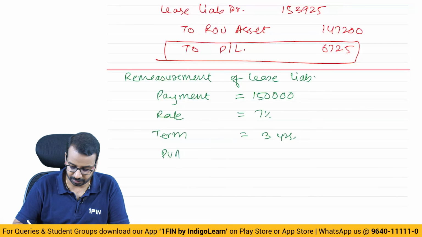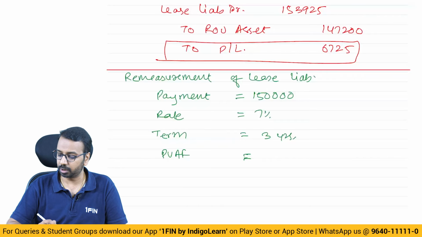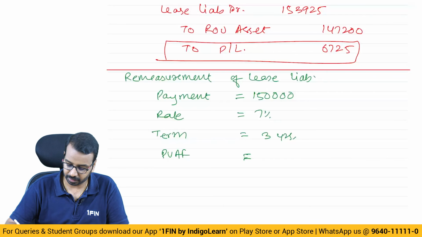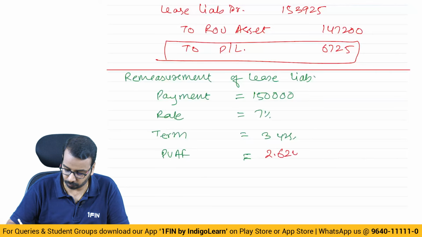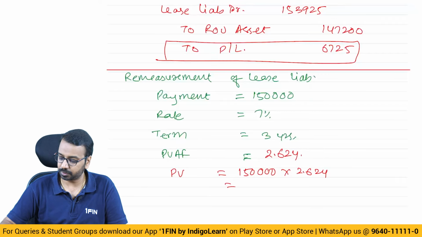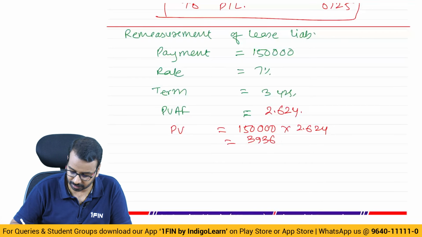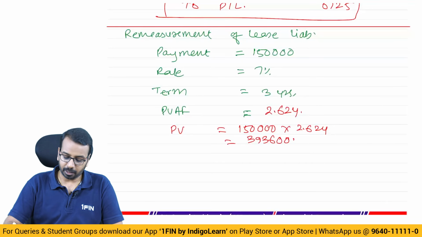So what is the present value annuity factor? 1 divided by 1.07, 1 time, 2 time, 3 time, grand total 2.624. So present value is equal to 1,50,000 into 2.624, we get 3,93,600.